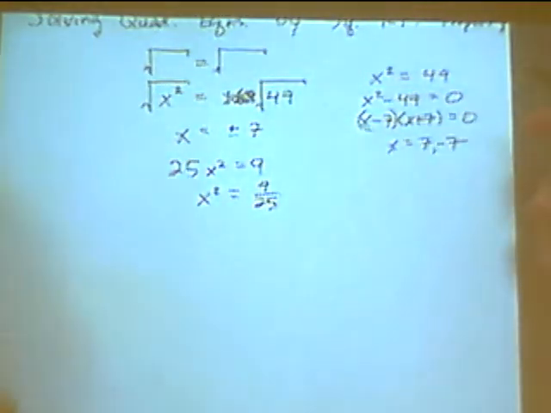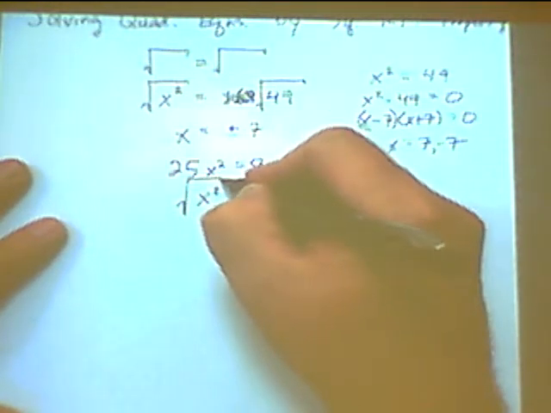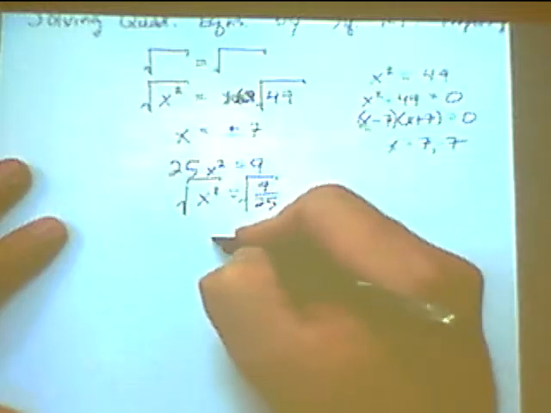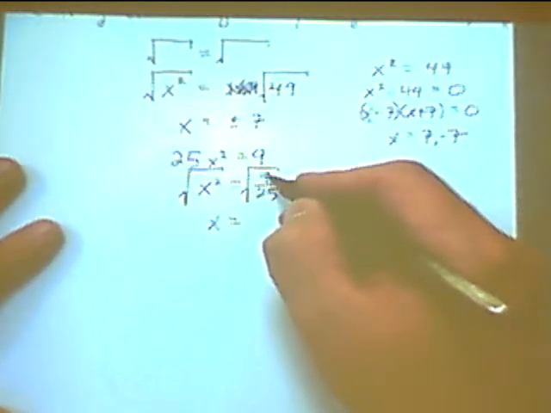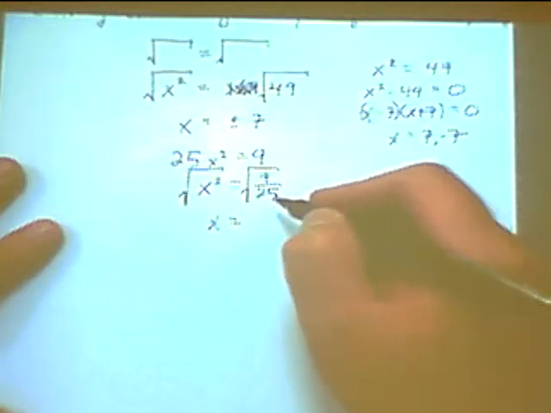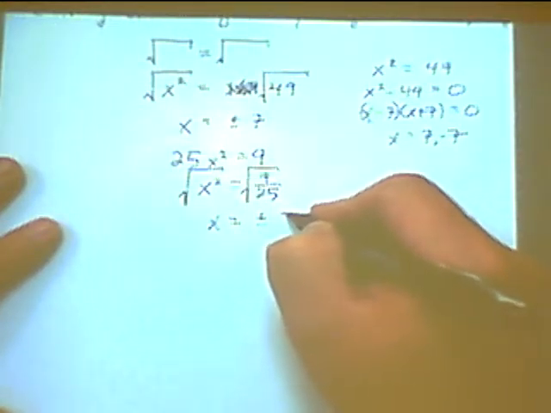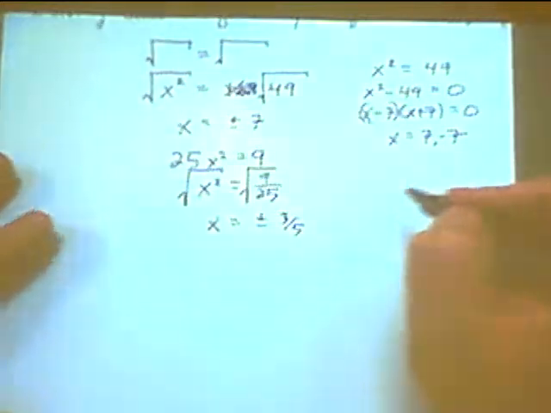And now I see I only have one term with the x in it, and it's x squared. And I realize I can use the square root property. If I take the square root of both sides, then I have x equals, now the square root of 9 is 3, square root of 25 is 5, so it's plus or minus 3/5.